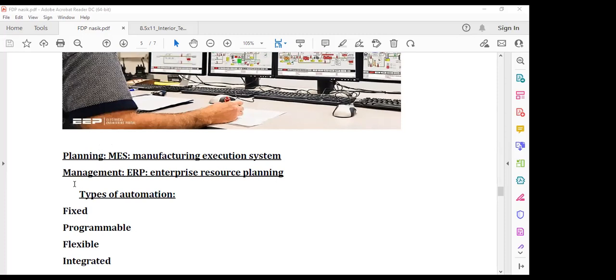And then it comes the higher level. Higher level is your management, ERP, that is enterprise resource planning.